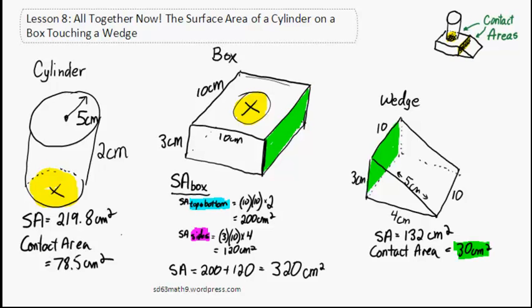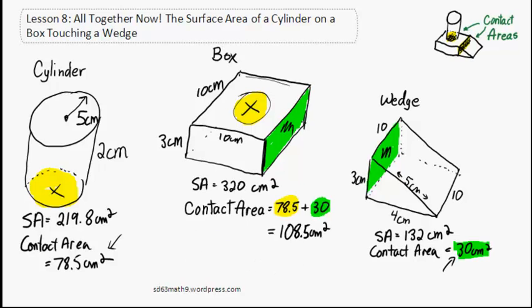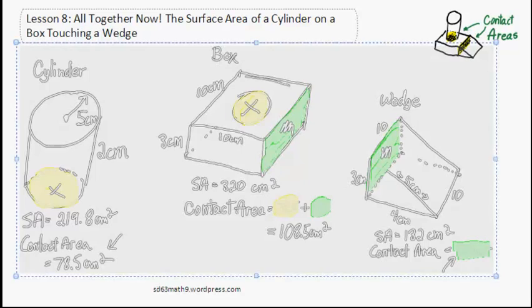Well, that's just this one, which is 78.5. And also the other area of contact here is just this one, which we already know is 30. This makes the total contact area on the box 108.5 centimeters squared.